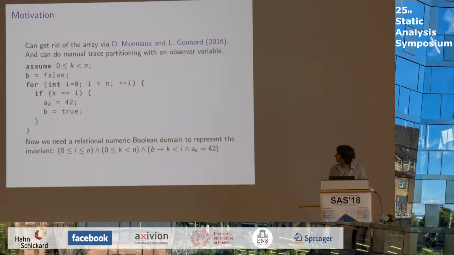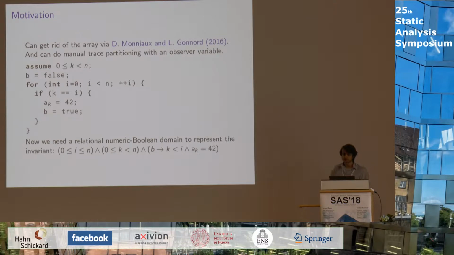Then, in order to analyze this program, we just need a relational domain in which we would be able to say that I is between 0 and n, k is between 0 and n, and if b holds, then k is less than I, and array of k is equal to 42.